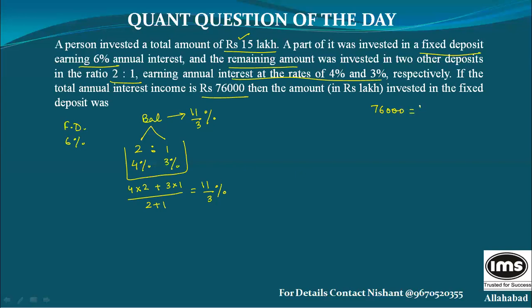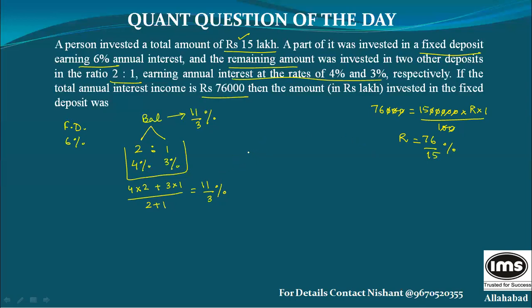Simple interest is equal to principal into rate into time divided by 100. So 1, 2, 3, 1, 2, 3, 2 zeros, 2 zeros. So the rate will be 76 by 15%.